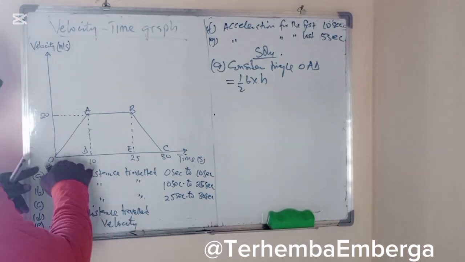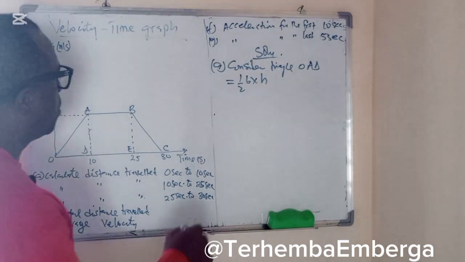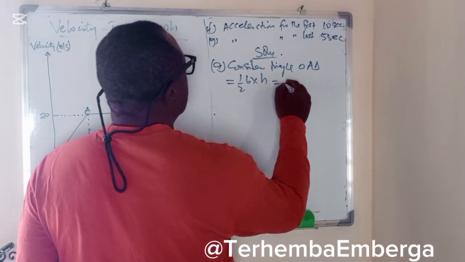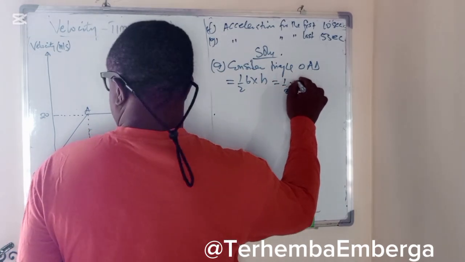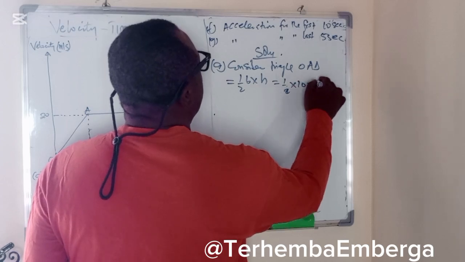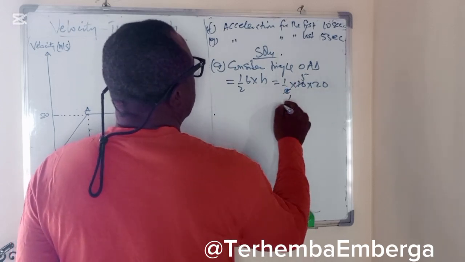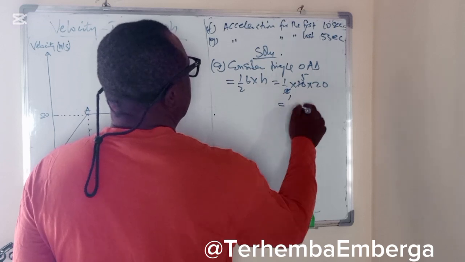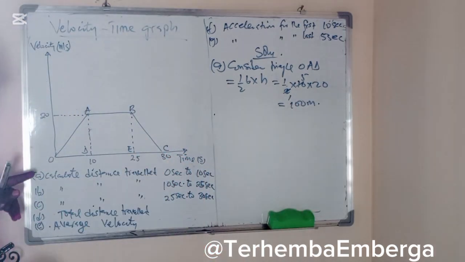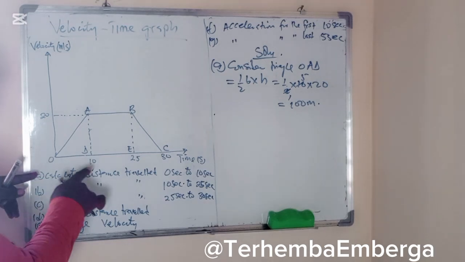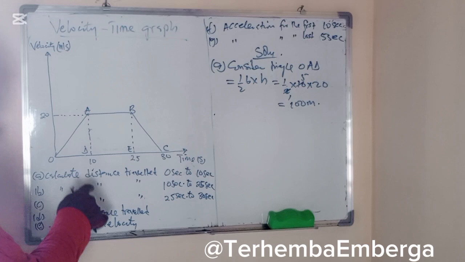Now what is the base here? The base is 10, the height is 20. So this will be equal to half times 10 times 20. 2 here 1, 2 here 5. That will be equal to 5 times 20, which is 100 meters. So the distance traveled from 0 seconds to 10 seconds is 100 meters.